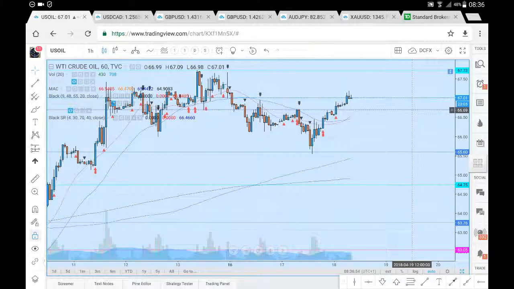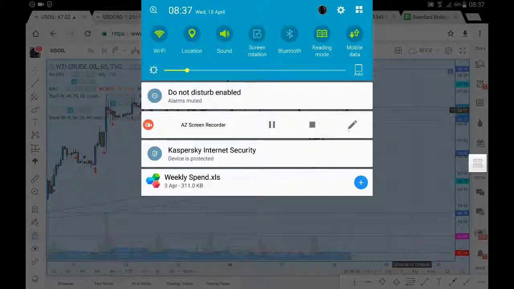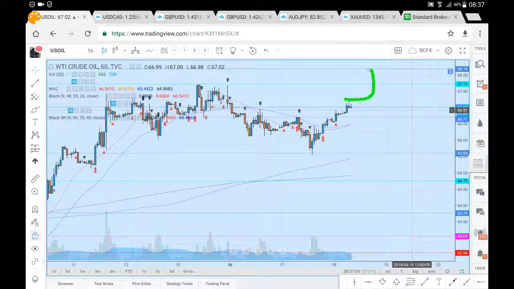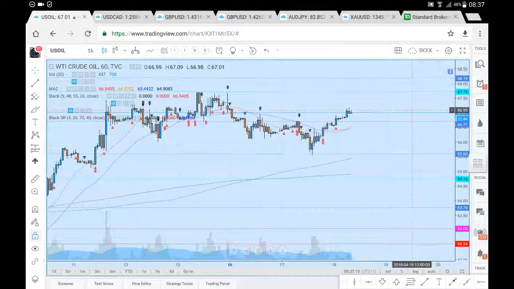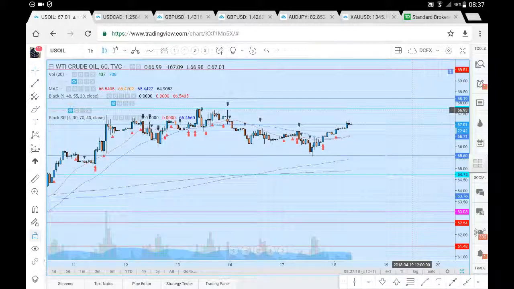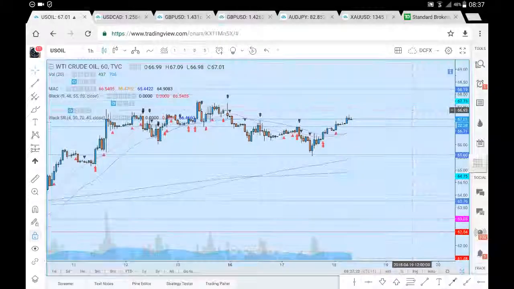And if we do break beyond the 67.73, we're then looking for prices to head up towards the 68.19. If we do see that price progression here towards the upside on the US oil. Now, beyond 68.19, if we do see sufficient volatility here on the US oil, we are looking for prices to head up towards a move up towards that 69.51.